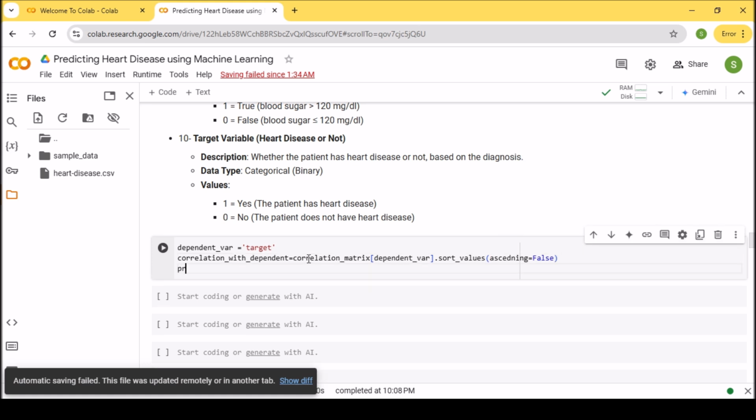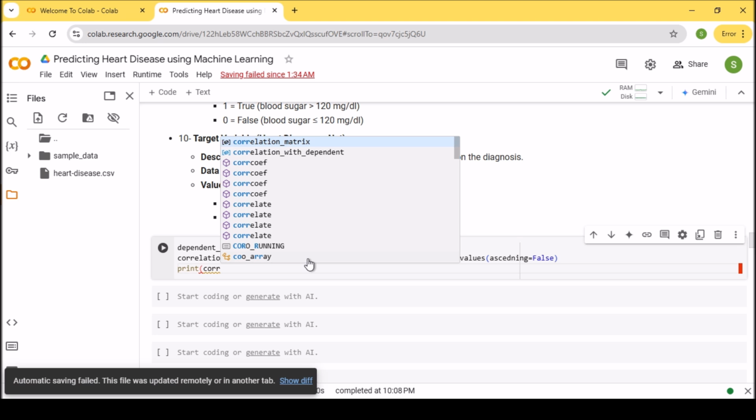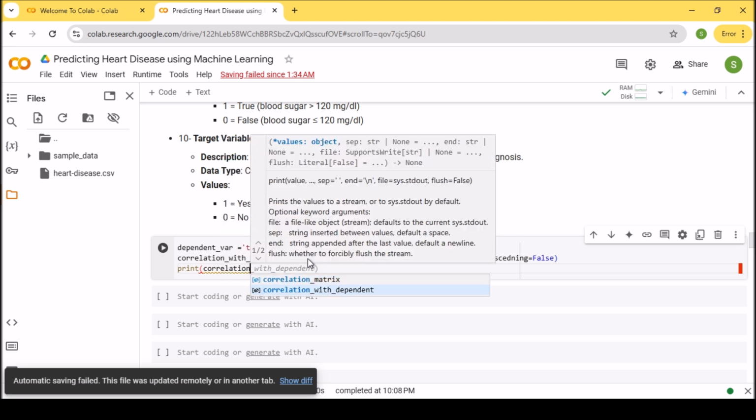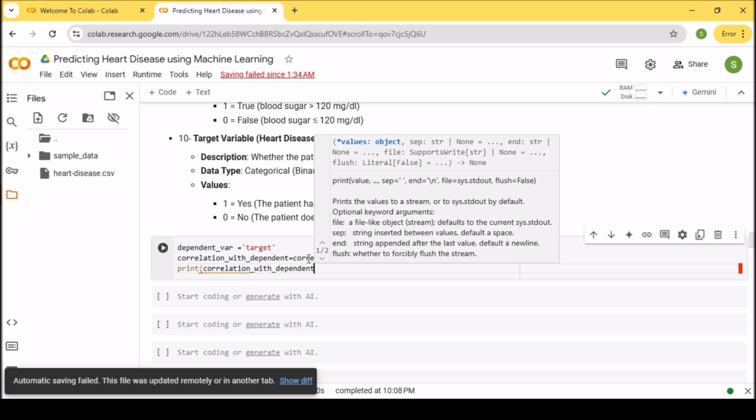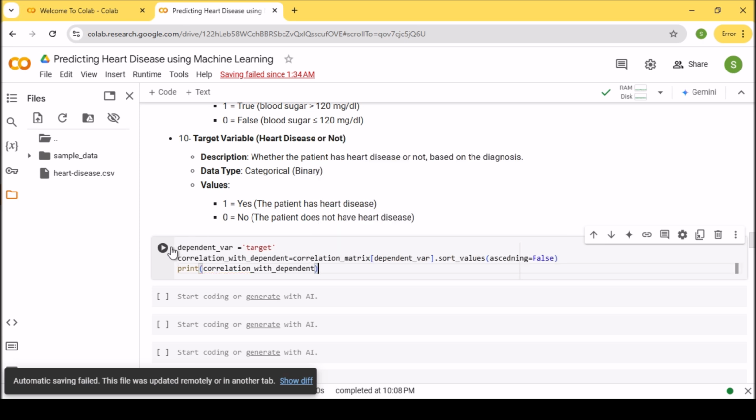And let's now print the correlation with dependent. Let's now run this code.